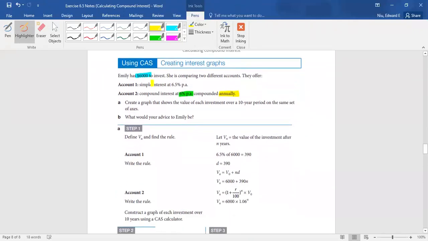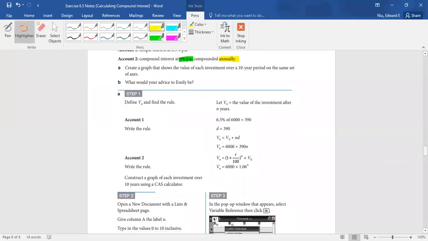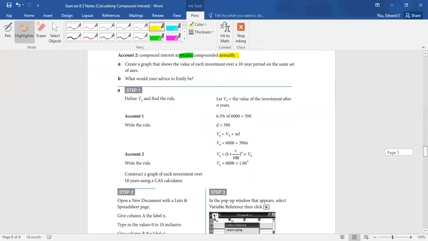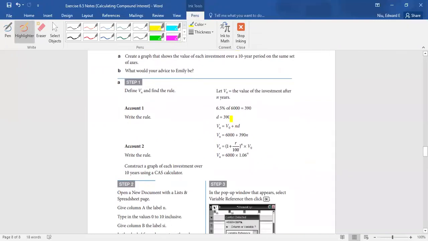It tells us to create a graph that shows the value of each investment over a 10-year period on the same set of axes. What you would do for account 1 is what we did on Friday's lesson in 6.4, and you'll figure out that Emily would generate $390 per year.